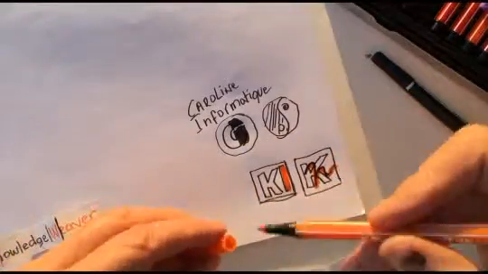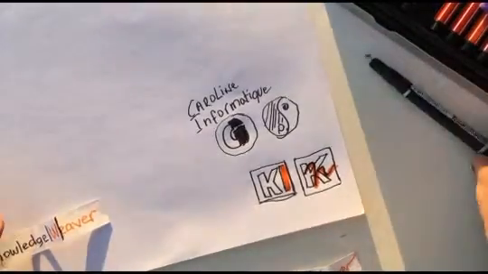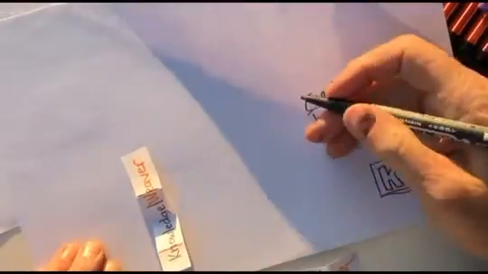Otherwise, I had another icon I've been using for a while. I forgot it. And I will try to draw it very quickly. And this icon was a little bit different.